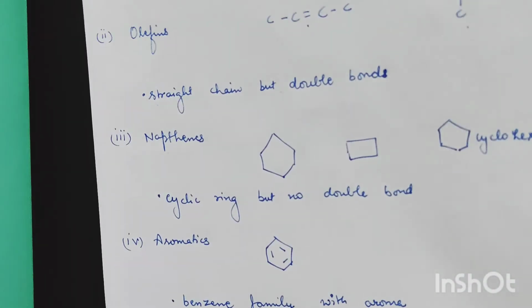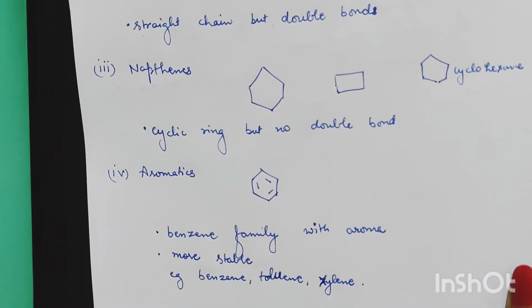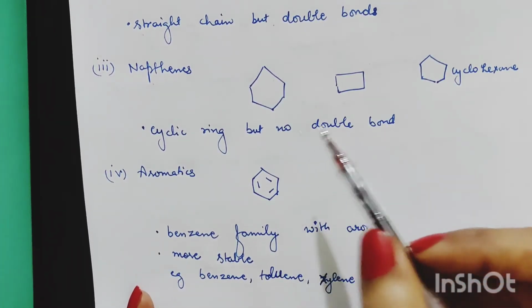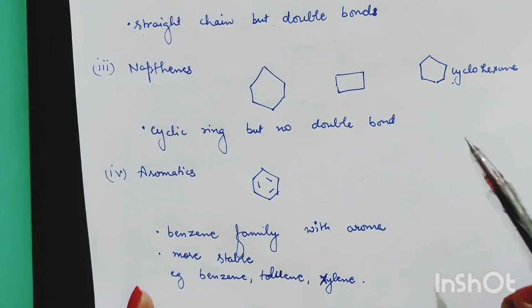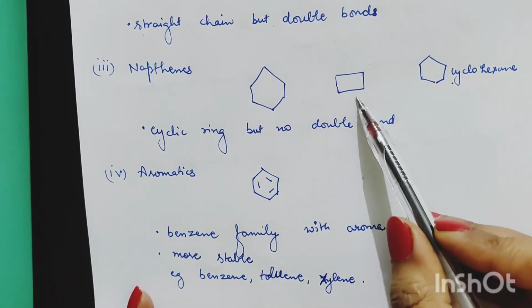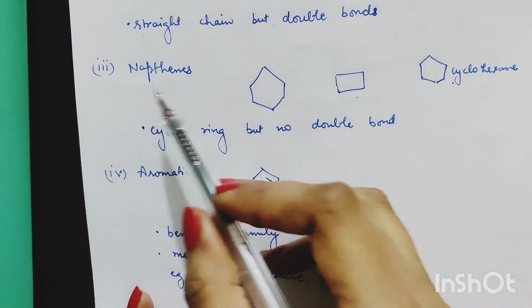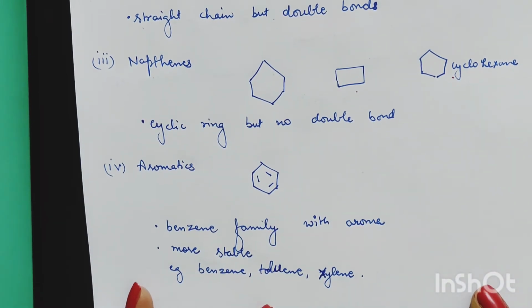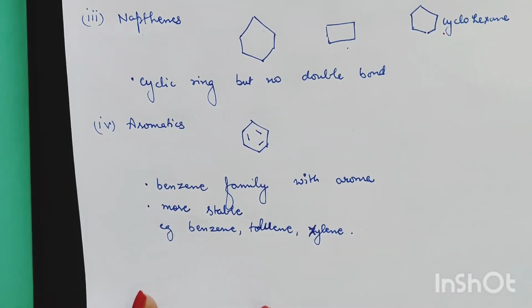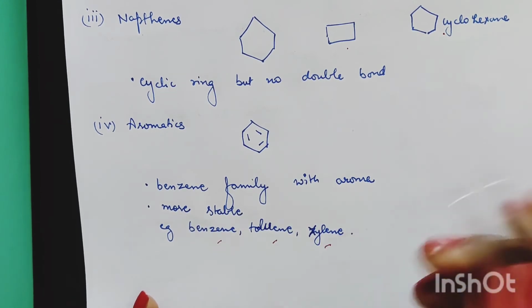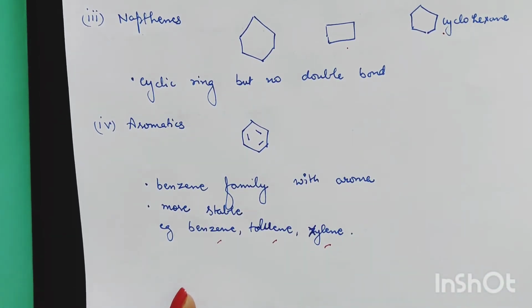And third is naphthenes. Naphthenes means cyclic rings but no double bonds, like cyclohexane and cyclobutane. Then the next is aromatics. Aromatics means the compounds with aroma, the benzene family, like we used to study in class 12th: benzene, toluene, xylene, etc. So this was the classification based on the structure of hydrocarbon.